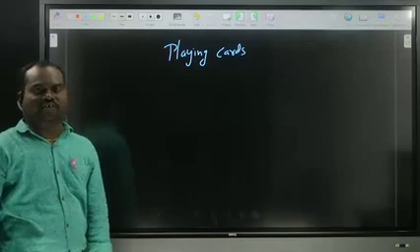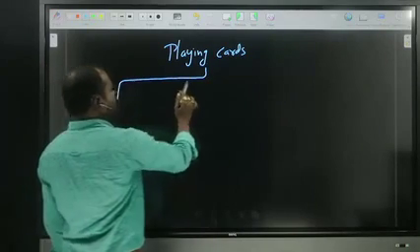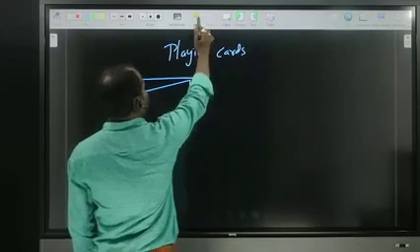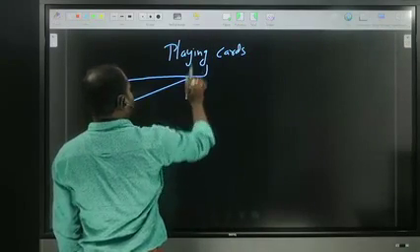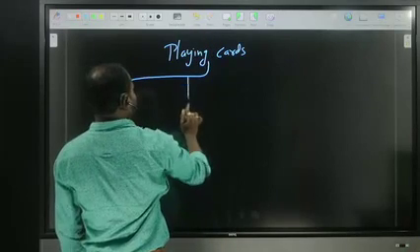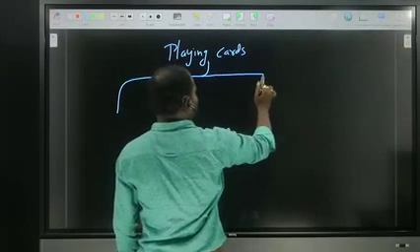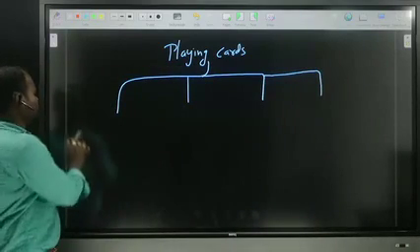In general, in playing cards, in total we are having four suits.